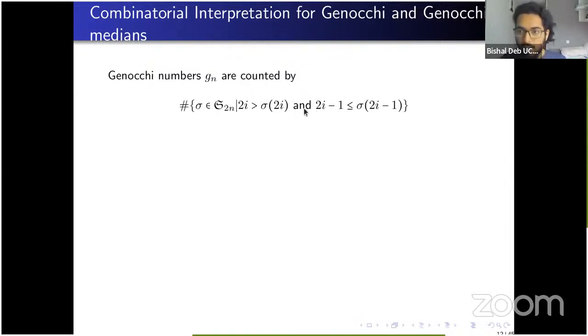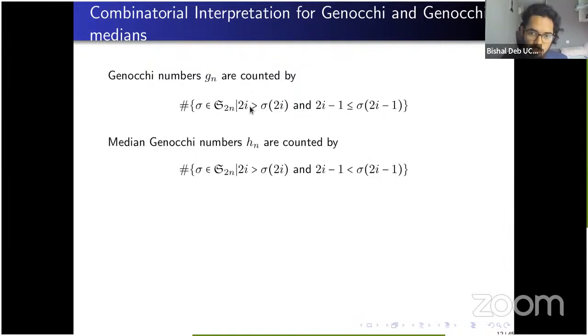This is true for every 2i and every 2i minus 1. And now the median Genocchi numbers. So you have a strict inequality here and a weak inequality here. If you replace that with both strict inequalities, then these numbers are counted by median Genocchi numbers, H sub n.